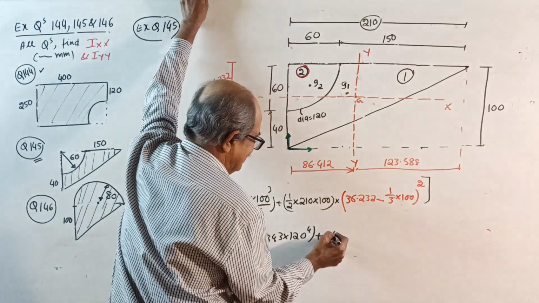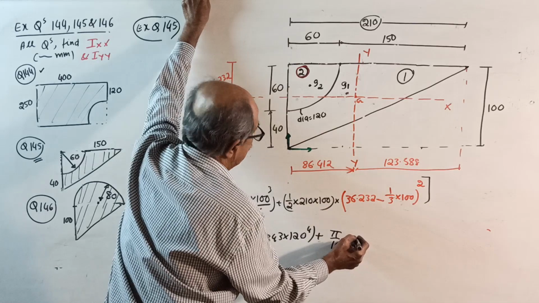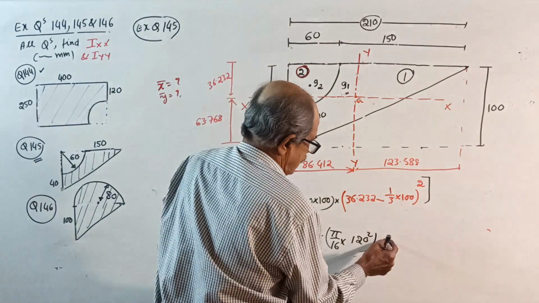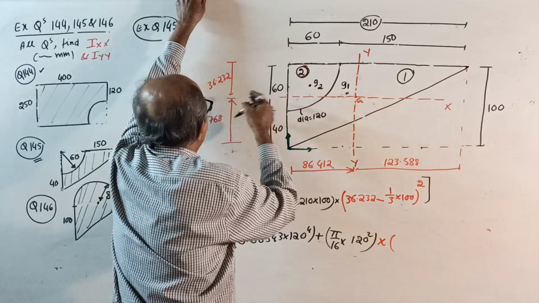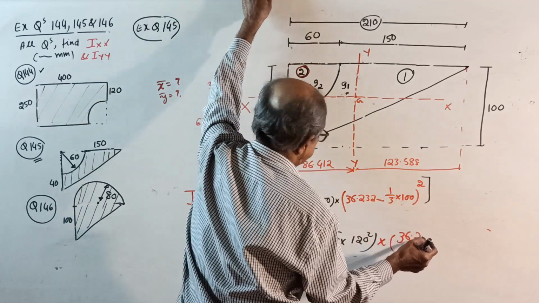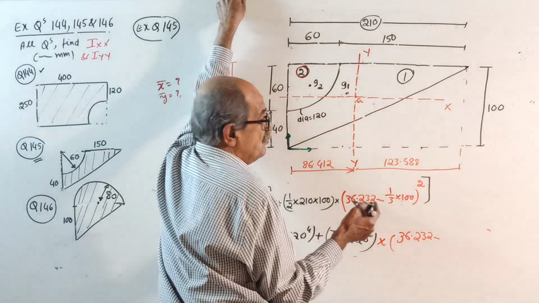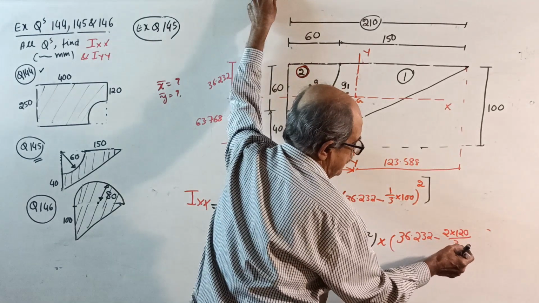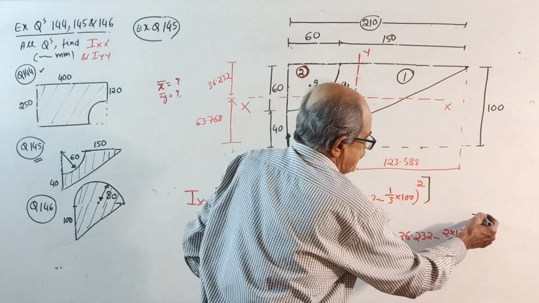Plus area, pi by 16 of diameter, how much? 120. 120 square is the area into, from centroid G2 here, this distance squared, 36.232. See, these are all very simple questions. Now exercise means minus how much? Minus 2 into 120 divided by 3 pi, whole square. Okay, calculate, you get IXX.